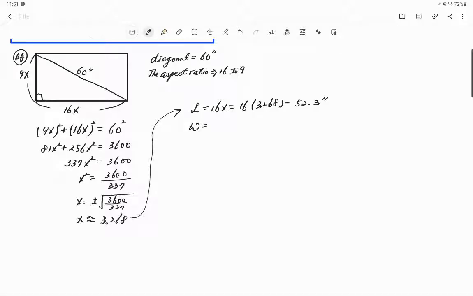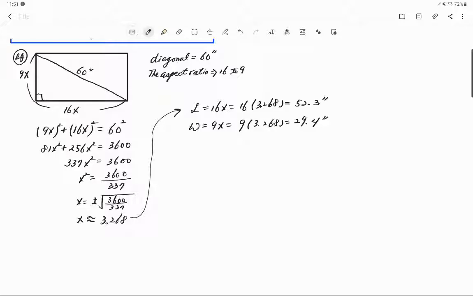And the width is 9x, so 9 times 3.268 is 29.4 inches.